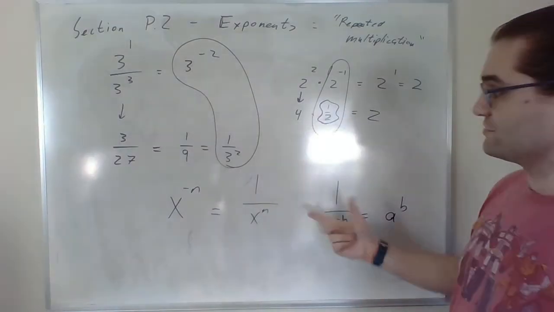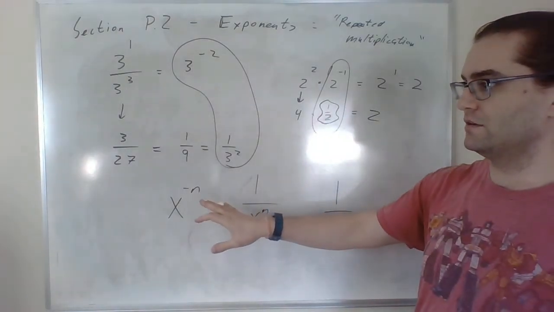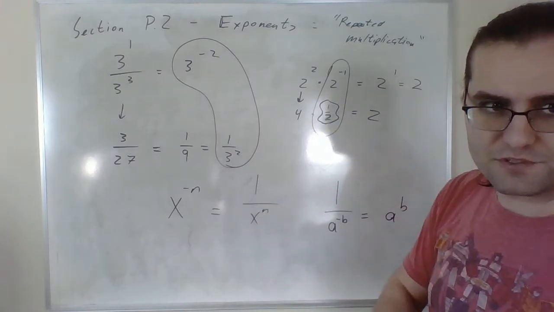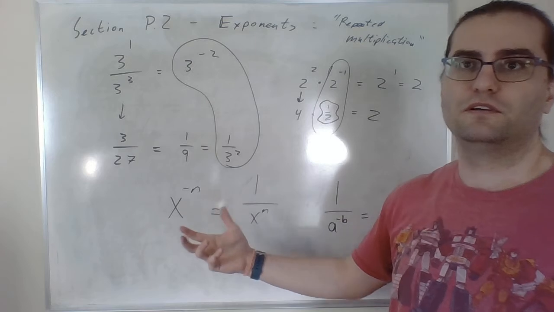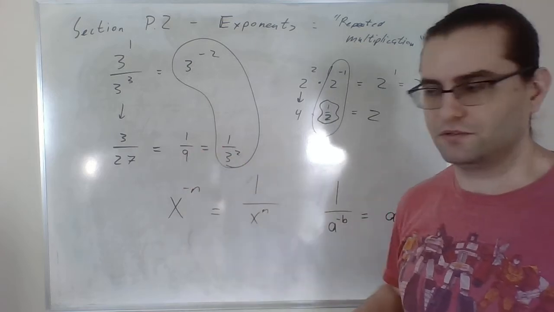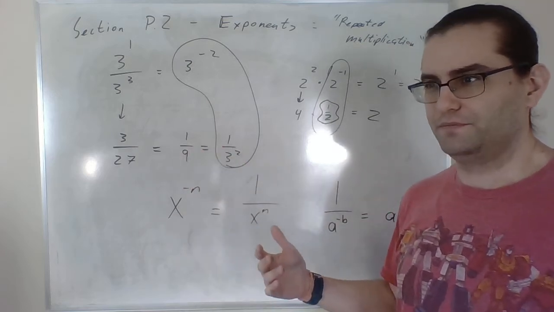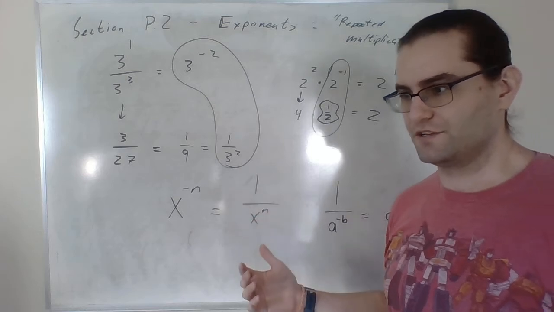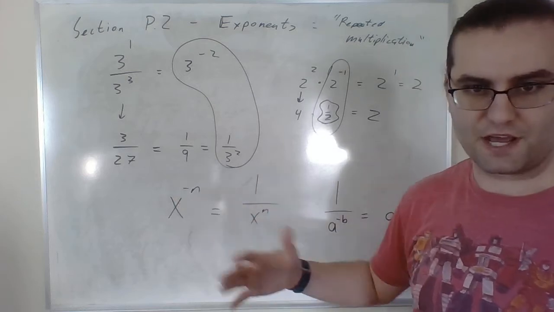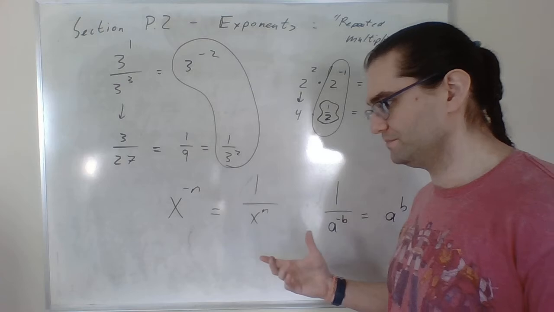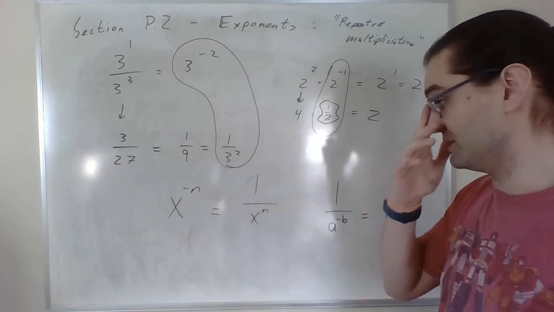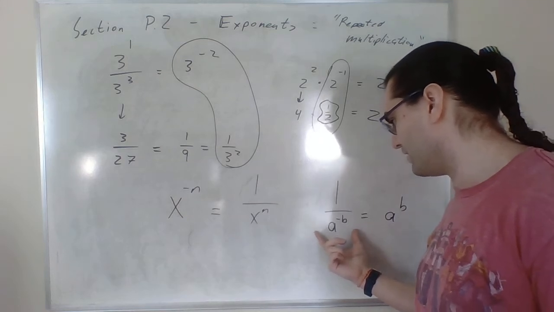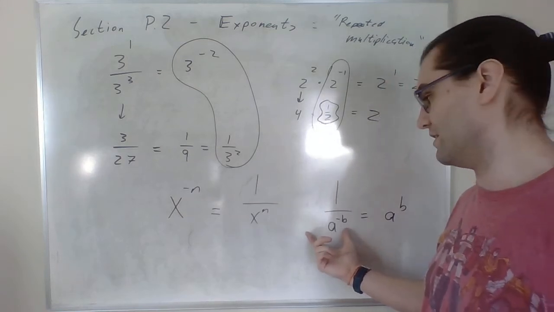My suggestion to you is, I think a lot of students end up thinking negative exponents means denominator or reciprocal. And when people think of denominators and reciprocals, they think of flipping things upside down and putting things in the denominator. The homework and the tests and quizzes that we're going to do in the next couple weeks are going to involve a lot of negative exponents that are already in the denominator.